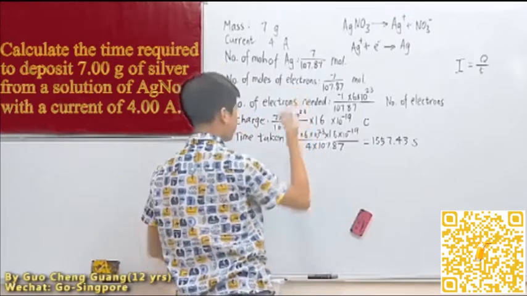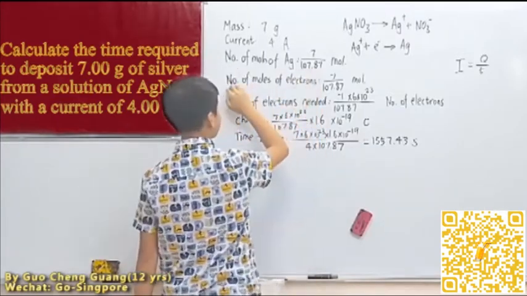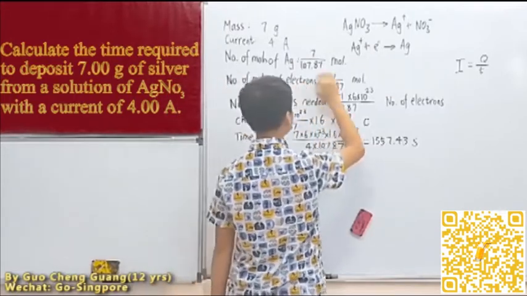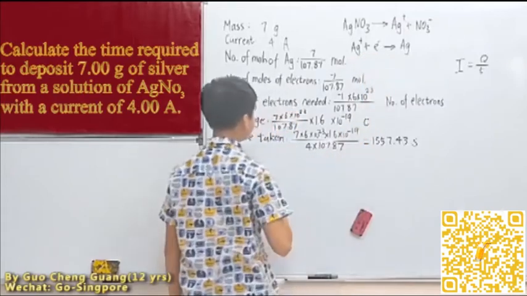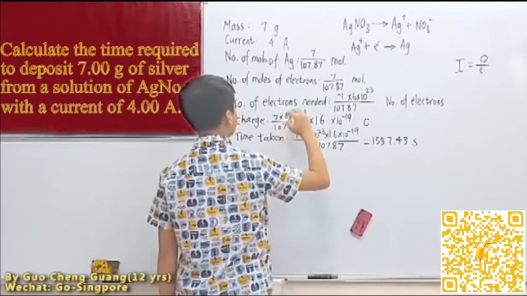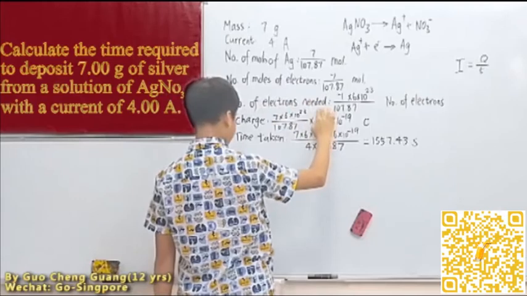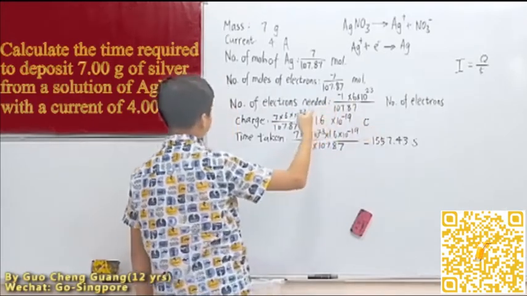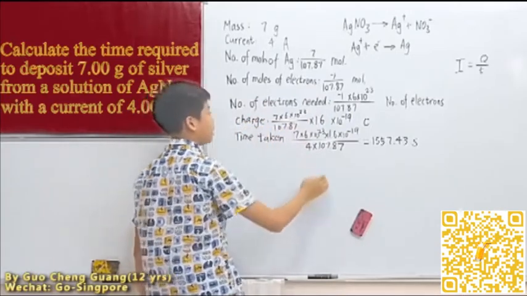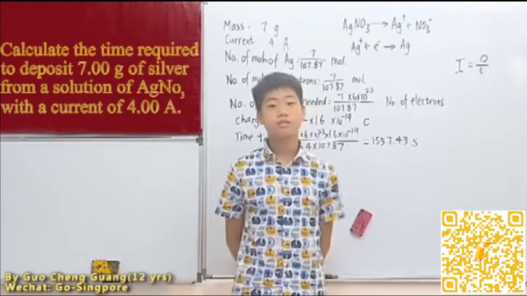Then you find the moles of electrons, which is actually the same number. Then you times the Avogadro's number to find the number of electrons needed. Then you convert between the number of electrons and the charge. Then you use this to find the time taken. That's the whole process.